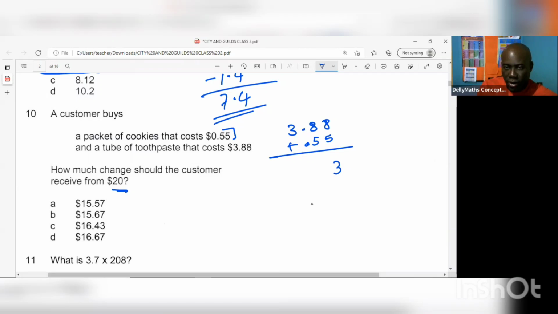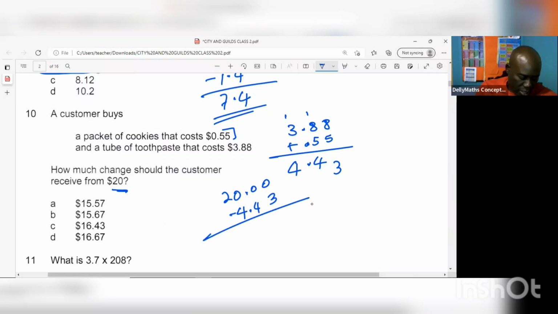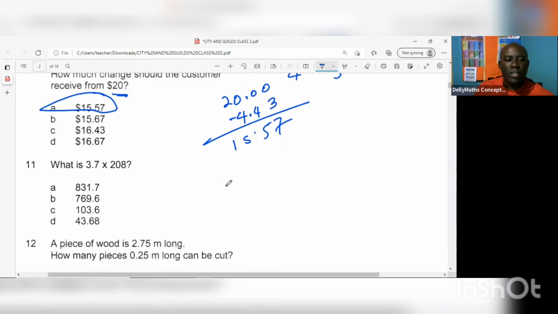So we have a 3, carry 1. So that's a 13. So this is a 14, carry 1. So we have $4.43. So you're taking that from a 20. $4.43, taking out of the 20. And you're seeing where we get 15.57. That's the money on top there. So you'll get back that change.